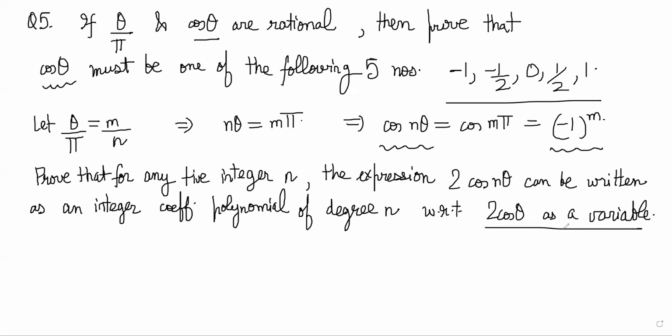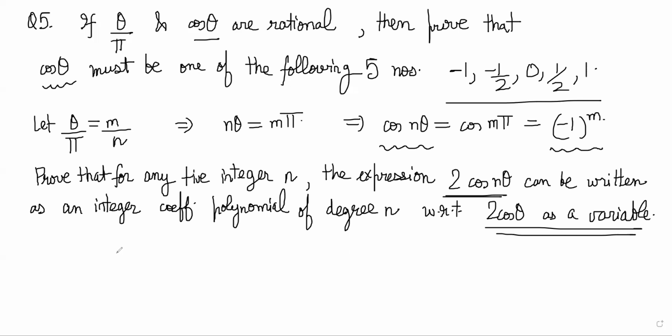So what I want to do is show that 2 cos n theta can be written in terms of a polynomial of degree n, where my variable of the polynomial, x of the polynomial, is 2 cos theta, right? Because then I will be able to say what are the roots of that polynomial. And if the roots of the polynomial we can figure out, then we'll get values of 2 cos theta from there, right?